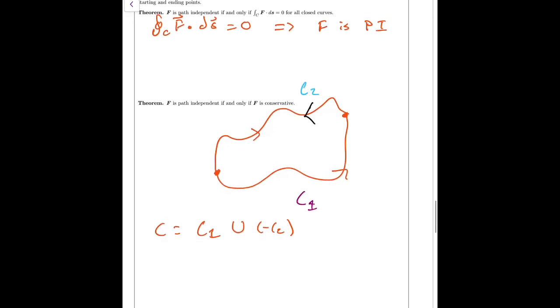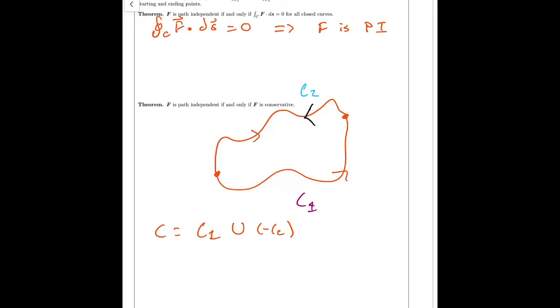So what does this tell us? The line integral of f over C is equal to the line integral of f over C1 plus the line integral of f over minus C2.